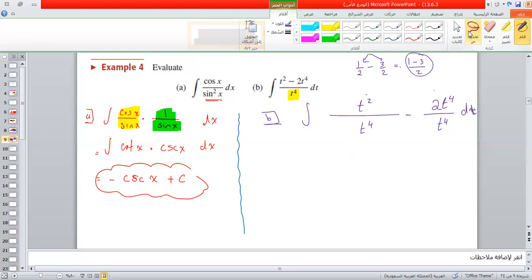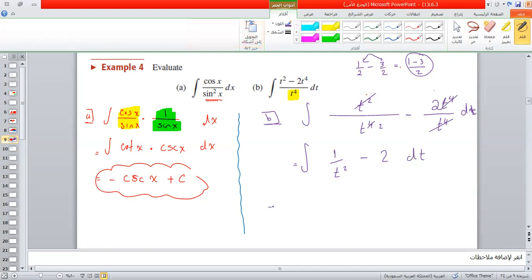In the first fraction, t power negative 2 remains, so it's 1 over t squared, or t power negative 2. In the other fraction, the t to the power of 4 cancels out, so it's 2 alone, dt.